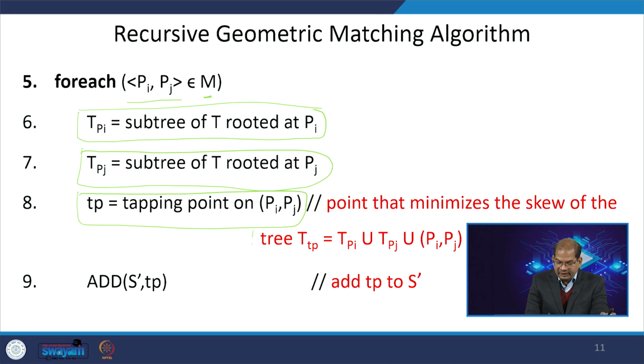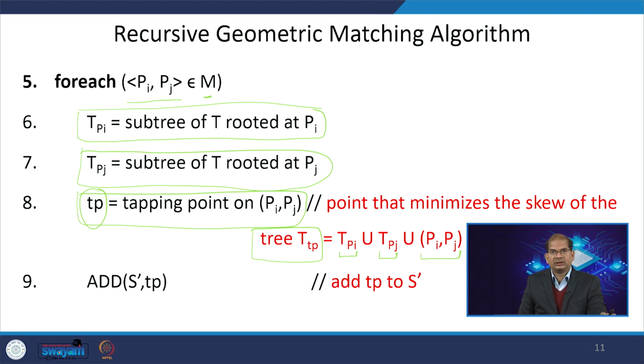So, this tree TP is basically the updated clock tree, where we have these subtrees. This is one subtree, this is another subtree, and we are adding one more branch to that subtree. And this branch is connected with the subtree through this tapping point. That is the main point. So, this branch will connect to the tree through the tapping point.